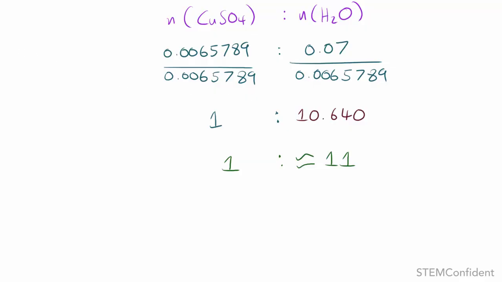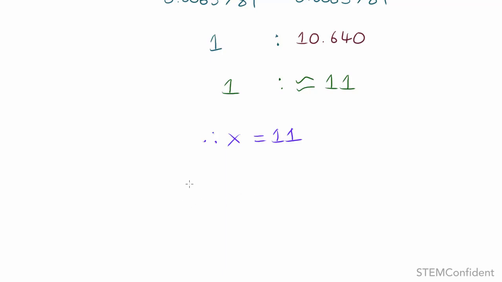So on this basis, we can state that the value of x is 11, and the formula is therefore CuSO₄ dot 11 H2O.